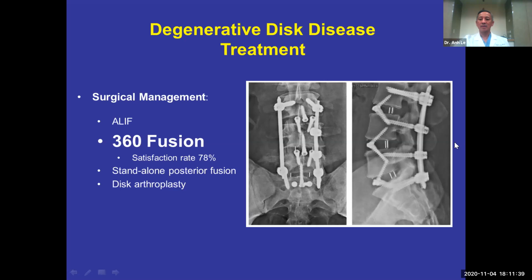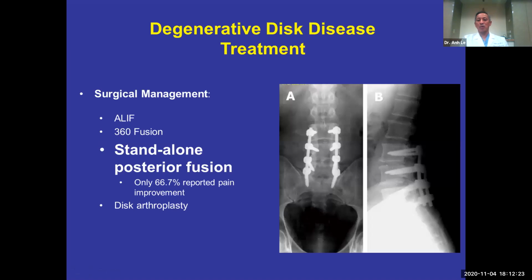The problem is the posterior spinal fusion part of the front and back requires dissection of the musculature of the back, including the multifidus and the iliocostalis, and therefore it can produce what we call innocent bystander pain, which is basically collateral damage to the musculature. And therefore the satisfaction rate of 360 degree fusion is less. It's approximately 78%. The problem is that if we do multiple levels, more than one, then we just can't do an anterior fusion alone. We have to do both anterior and posterior.